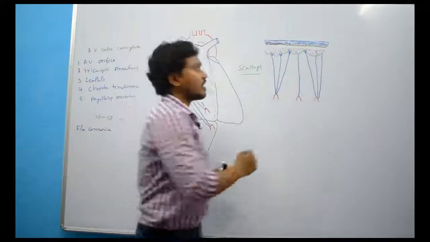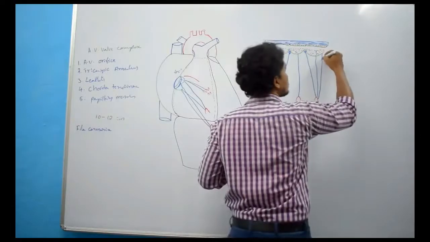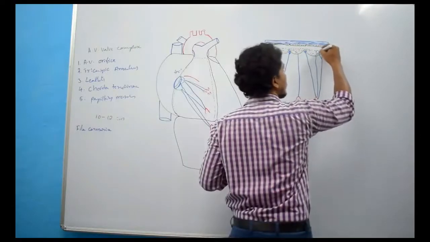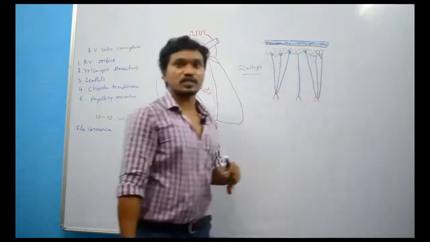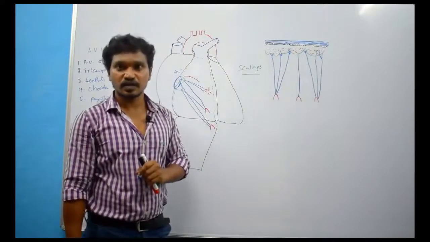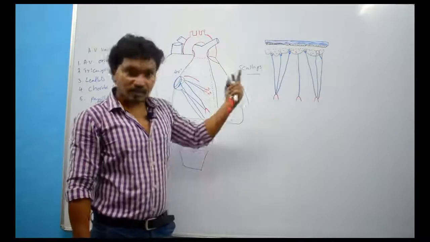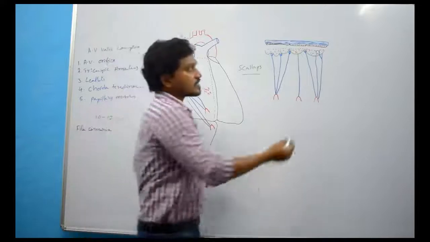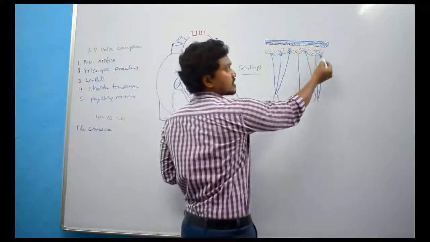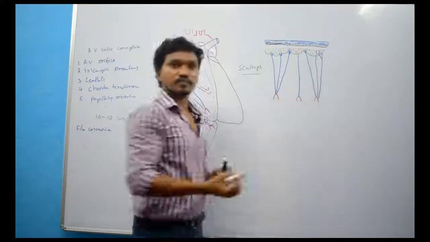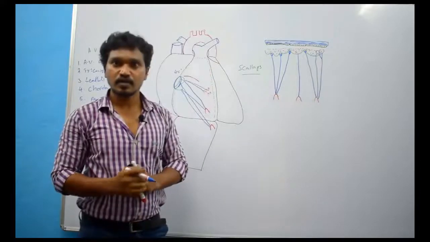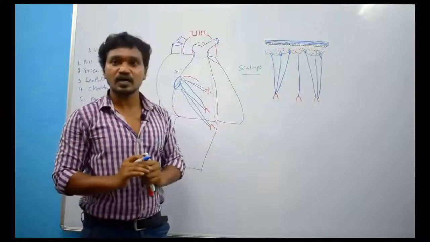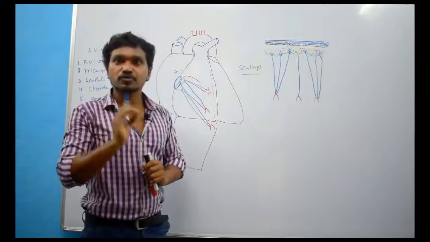Another strand attaches to the junction between the clear zone and rough zone. And the third strand attaches in between these 2 strands. That means here. Clear?